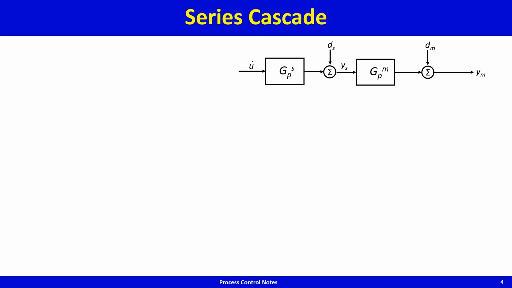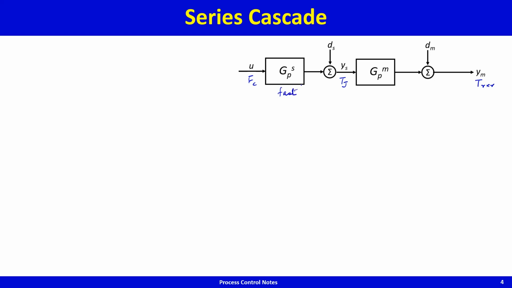So U, for example, would be the coolant flow. If coolant flow changes, the secondary variable would be T jacket, so that we can relate it with the reactor temperature control example, and this would be the temperature of the reactor. So if flow of the coolant changes, jacket temperature changes, but this is very fast.